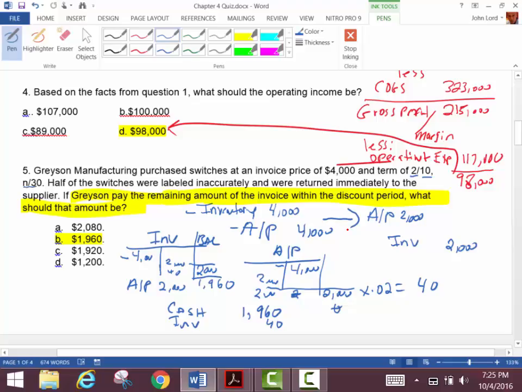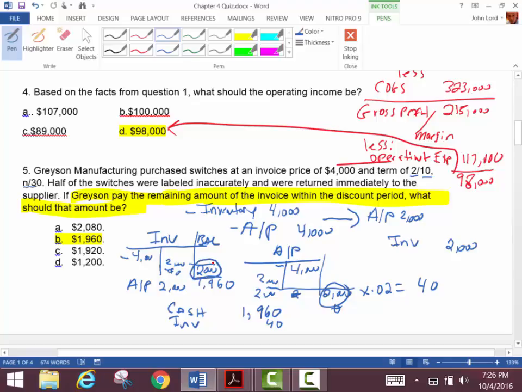So I debit the account payable for 2,000, and that brings the balance now down to 2,000, doesn't it? So accounts payable is a liability. If I want to decrease it, I debit it. That's what I did. And I go ahead and I credit the inventory for 2,000 because I'm sending that stuff back. So now the balance in inventory is what?